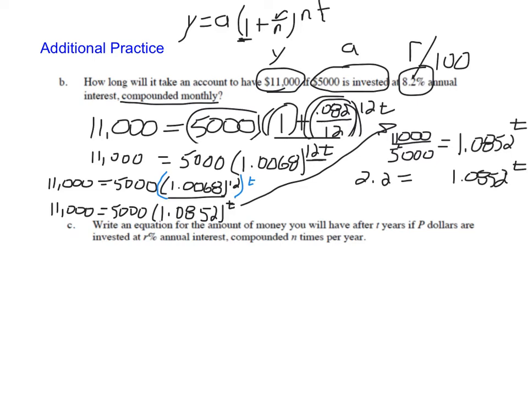At this point, this goes back to your Algebra 2. Now, we're actually going to take the log of both sides. By taking the log of both sides, that allows us to pull that exponent out in front.